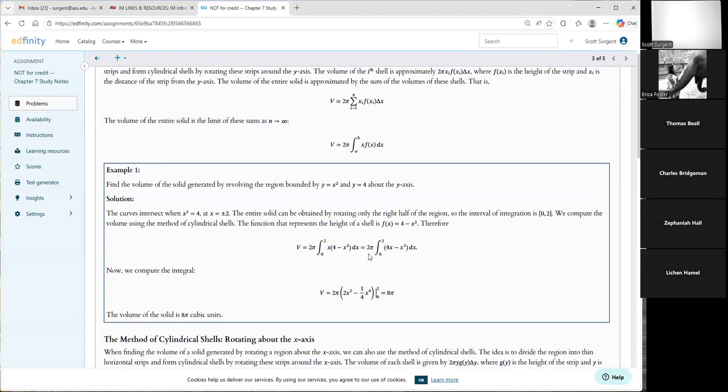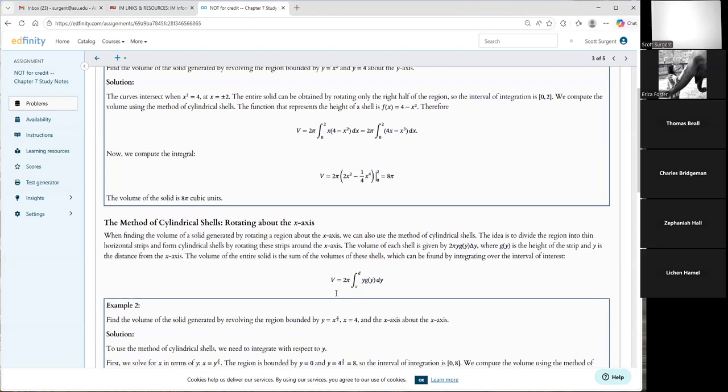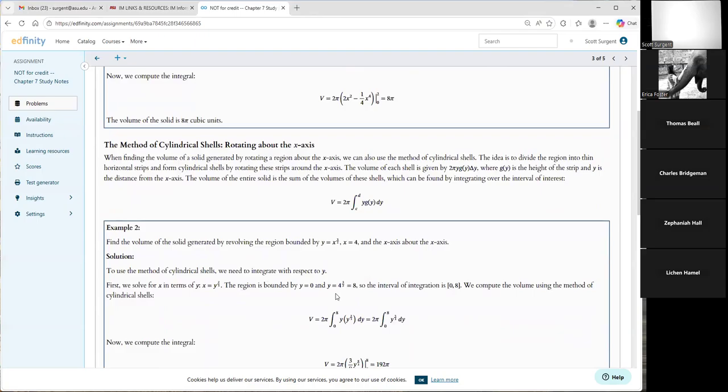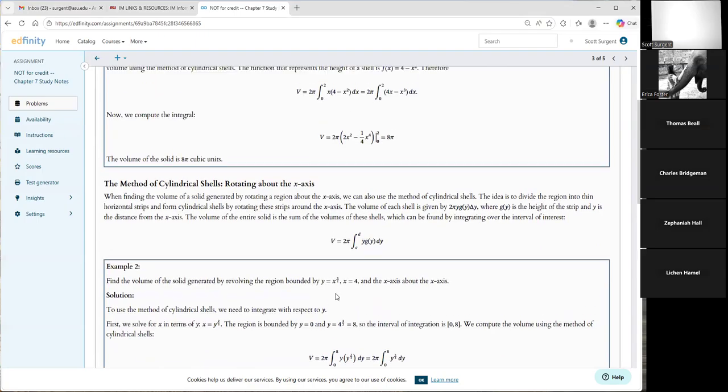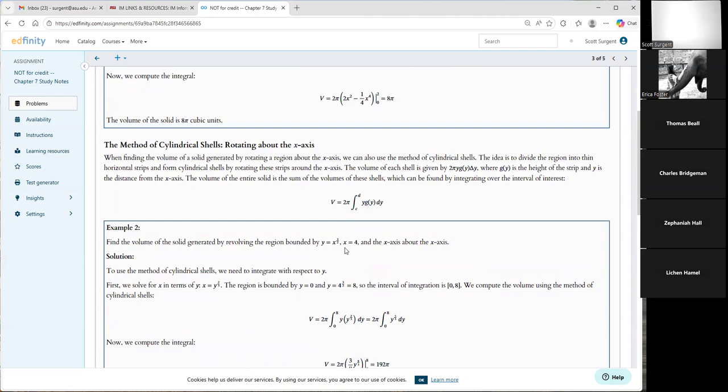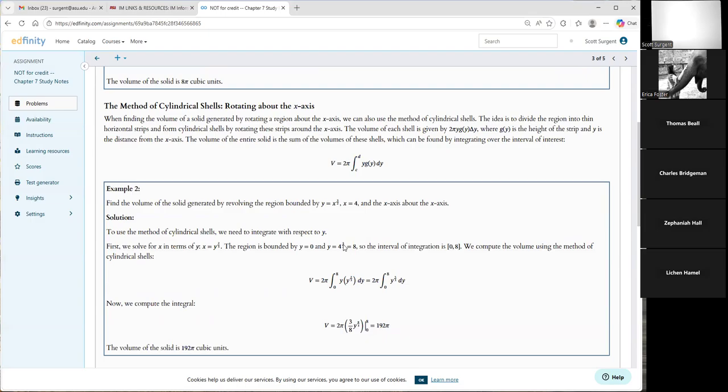But then when you go down to the next example, like you have the x to the 3 halves and x equals 4. Right here. Yeah, but instead of doing y minus 4, it's just y times the one curve.